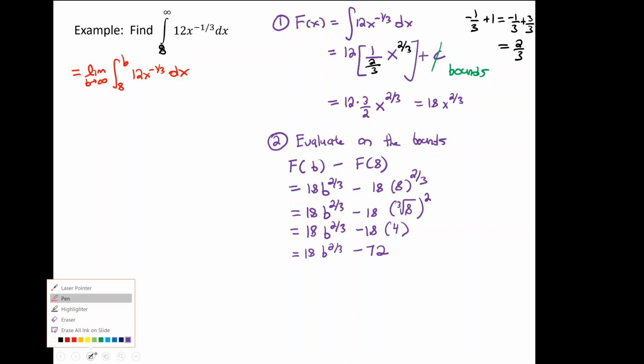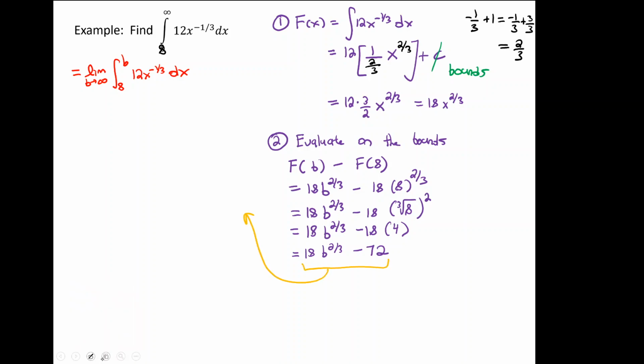Okay, now we're going to take that result and plug it in. So we have the limit is still hanging around when b approaches infinity. The integral is gone. We defeated it and replaced it with this, 18 b to the 2/3 minus 72.